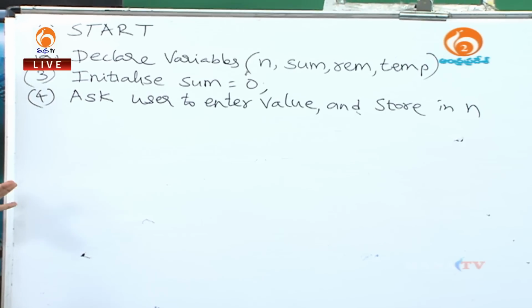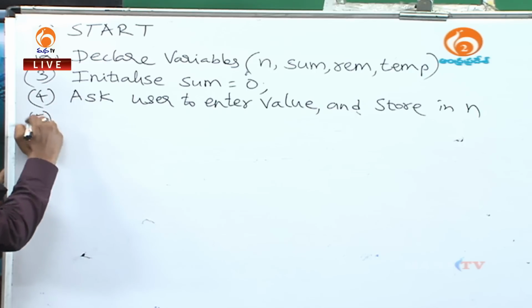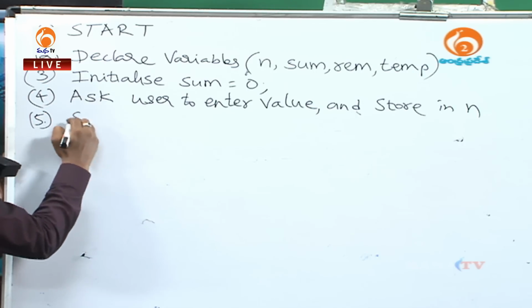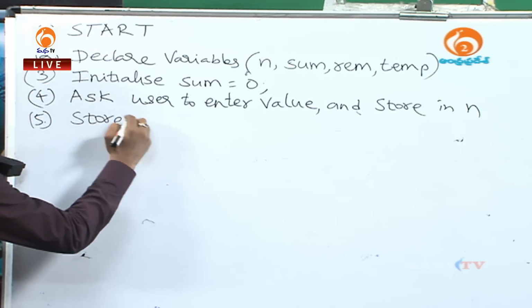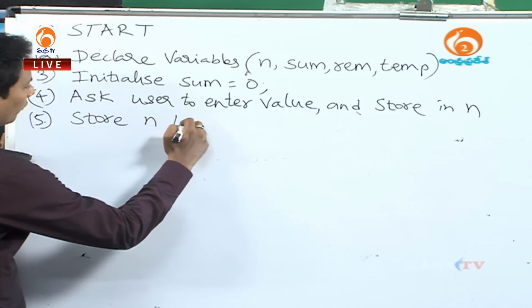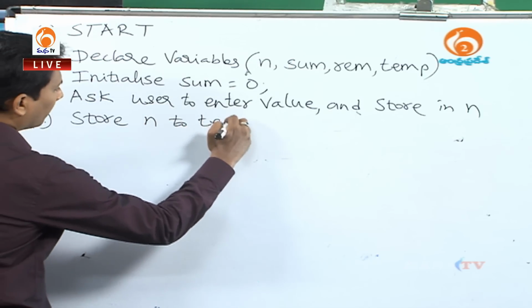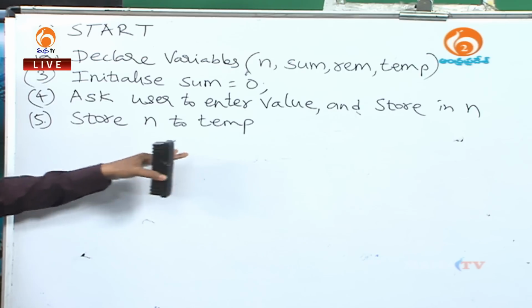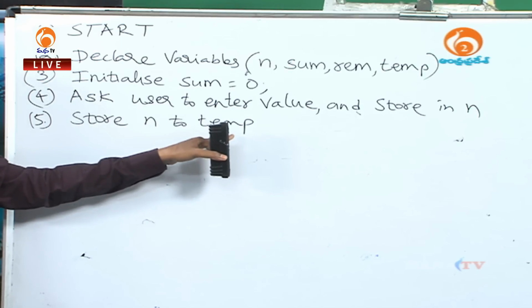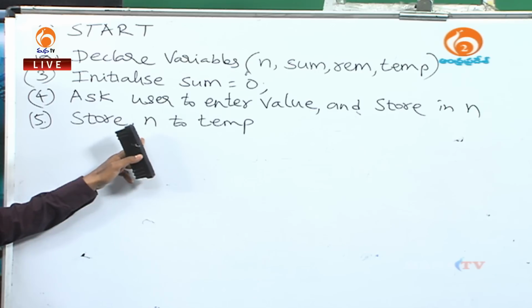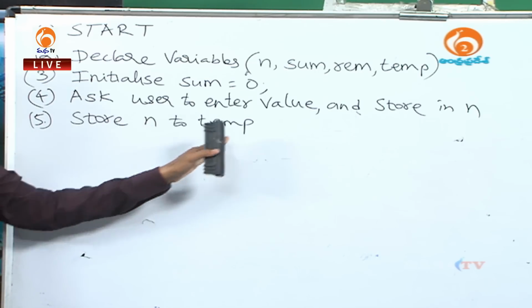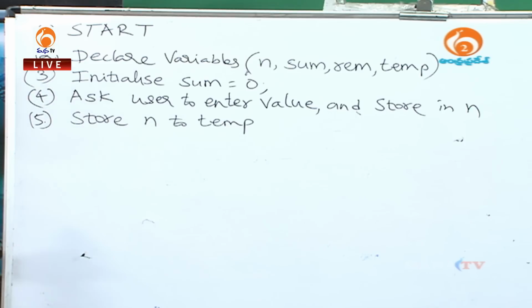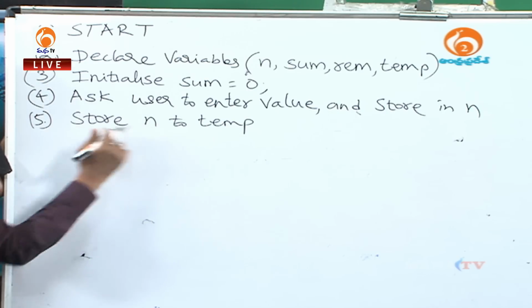Next, once we read the value from the keyboard, what I have to do is store the n value into temp. I am storing the given n value into another temporary variable, because I am going to modify the n value in this program. So, I am taking one copy. Next, it is successfully completed here.